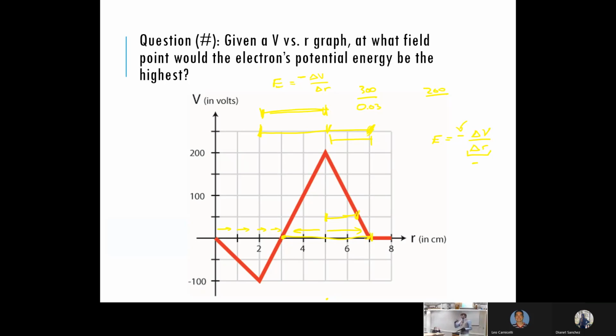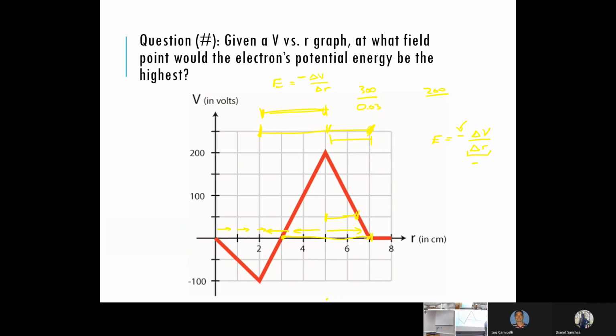You're walking along this 1D axis and the electric field's pointing in the positive direction. Suddenly when you hit 2 centimeters, the electric field is now pointing in the negative direction. You're walking one way and the electric field's pointing the other way. Then you keep walking along your one-dimensional world, and at 5 centimeters, you look beside you and now the electric field's pointing in the positive direction again.